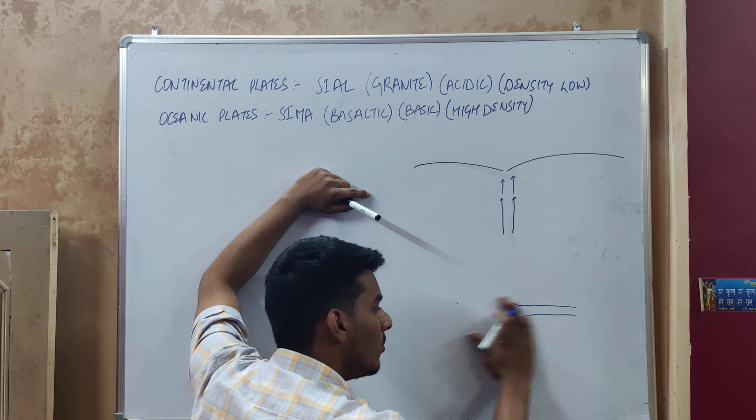If magma hits back to back, first there will be a stage of tension, then a fracture, then a fault, and ultimately there will be a crack. And this crack is nothing but your rift valley.